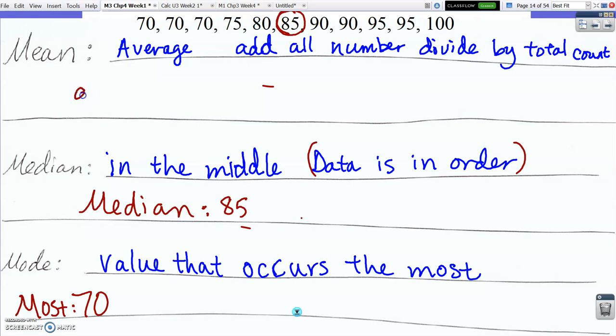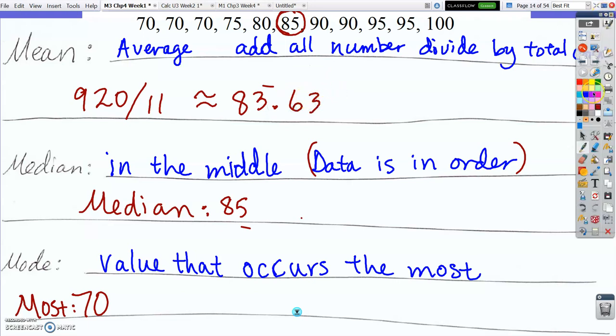And my number is 920 divided by 11, which will give me a decimal of 83.636363 repeating. So it's 6363 forever. And so since that's repeating, I'll just do 2 and then write the repeat sign.